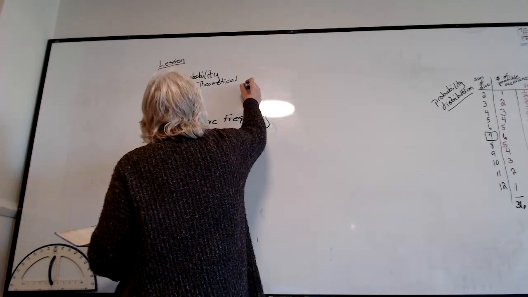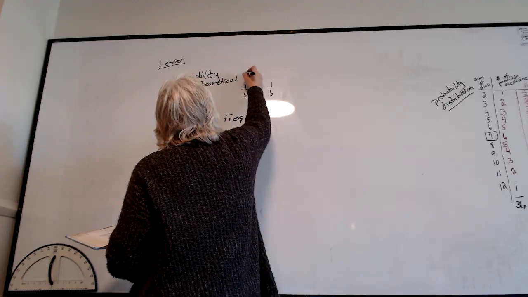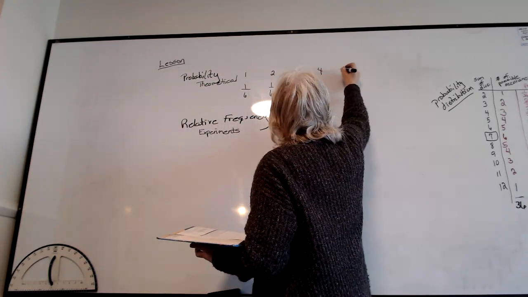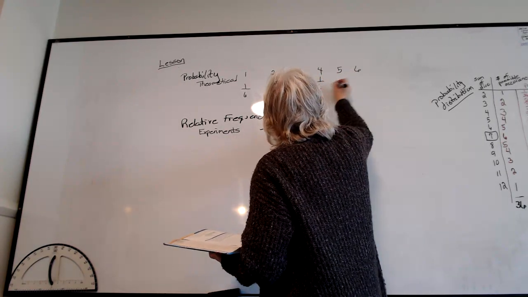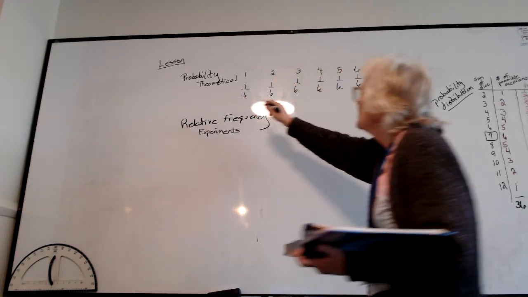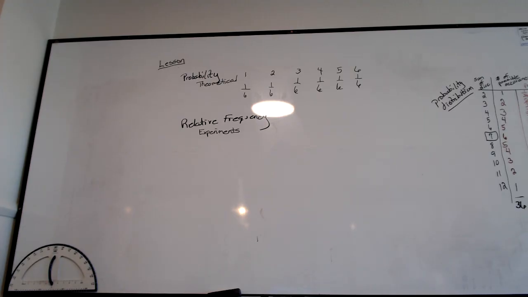The theoretical probability would be 1 out of 6 for a 1, for a 2, for a 3, for a 4, for a 5, and a 6, because we know there are 6 sides on the die. So the theoretical probability is 1/6.